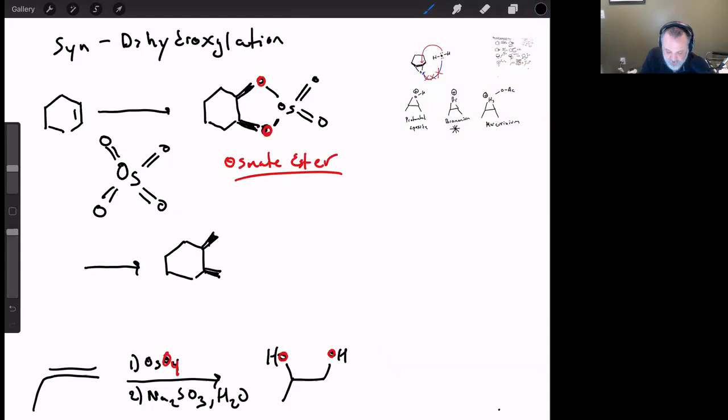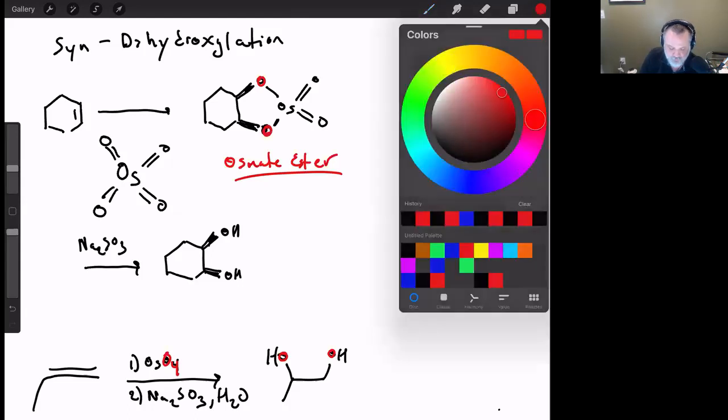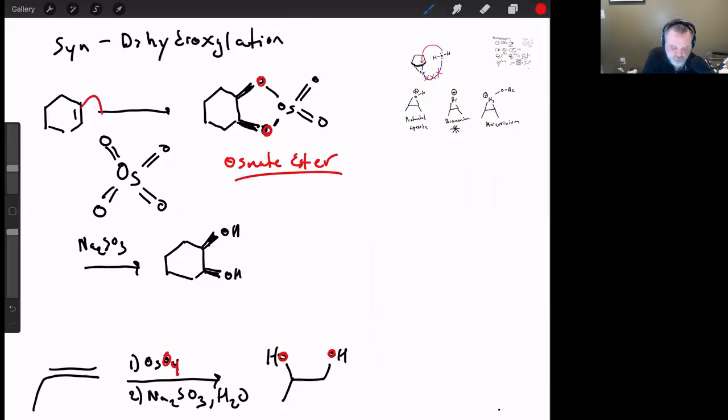And the reason that they're on the same side is because in this intermediate ester, the oxygens are coming from the OsO4 and they add at the same time. So I can show some sort of electrons here to form this intermediate ester.